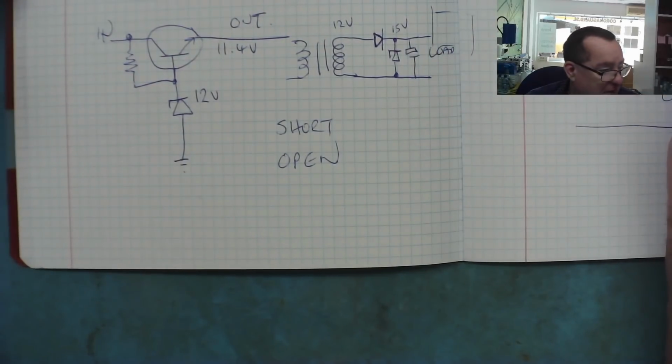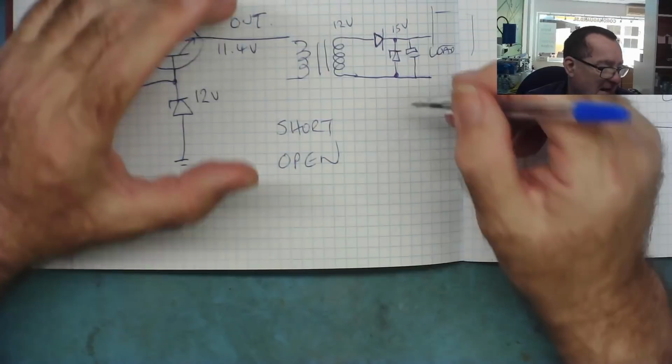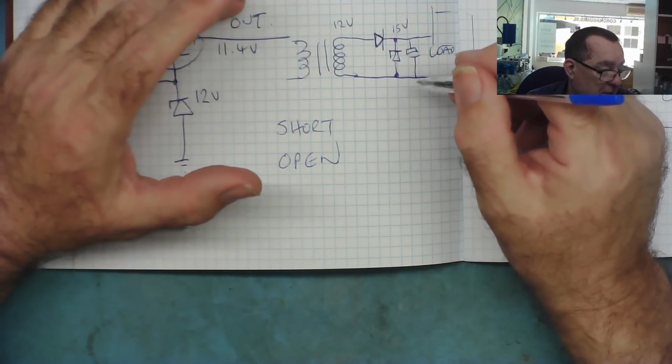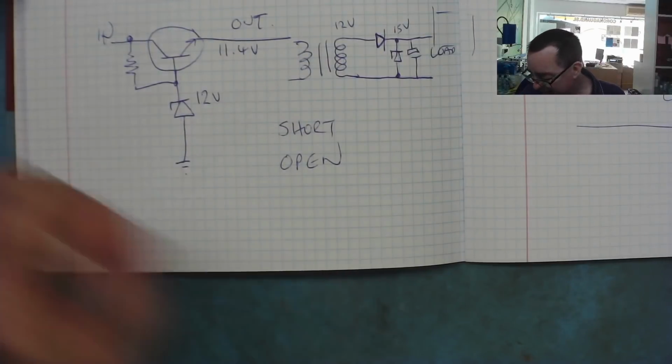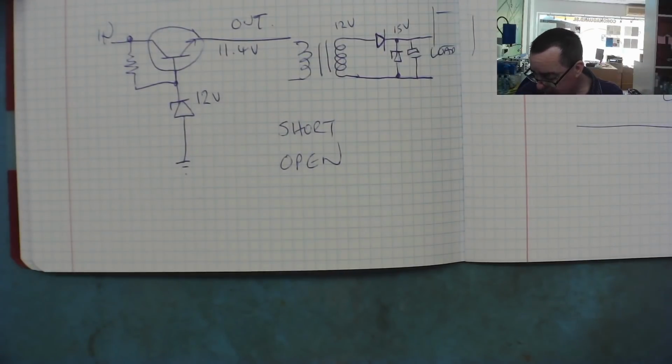So this brings us now to the question, can we test a Zener diode without a multimeter? Well, the basic answer to that is yes, because Zener diodes only tend to fail in the way I've just mentioned. They go short or they go open.